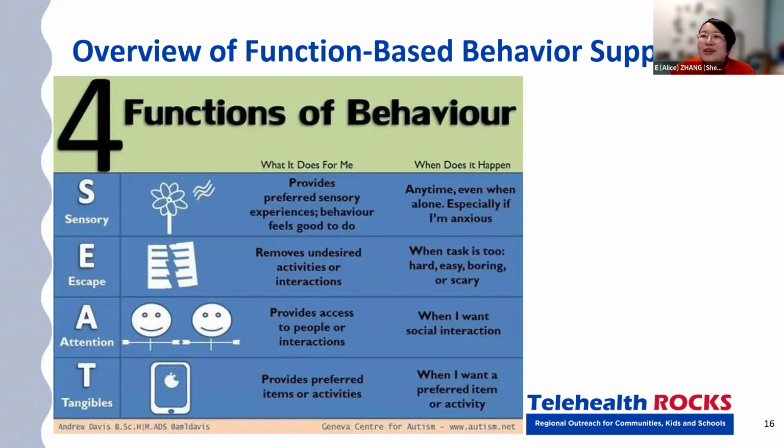If a child is really gifted in learning, and you are giving them very easy tasks, they might find this not fun, and they might engage in challenging behavior to get out of it as well. Also interaction, right?